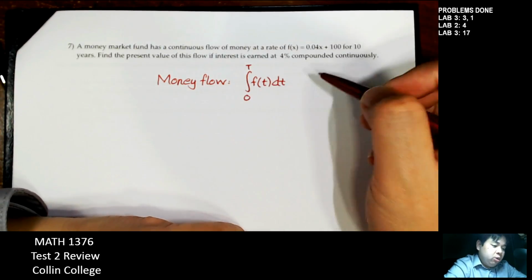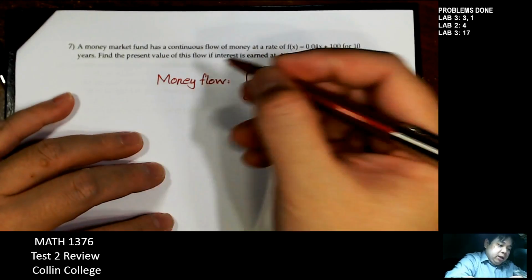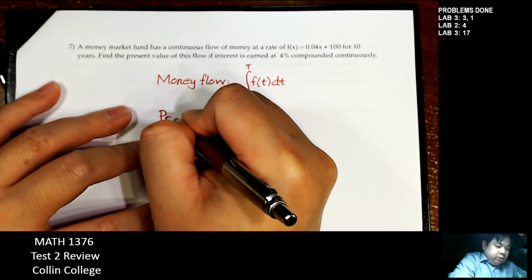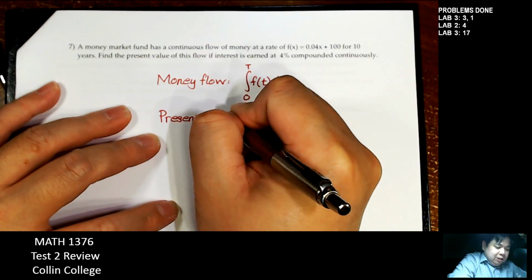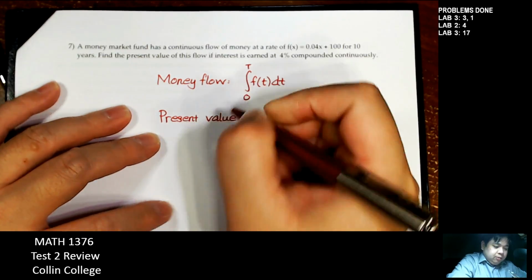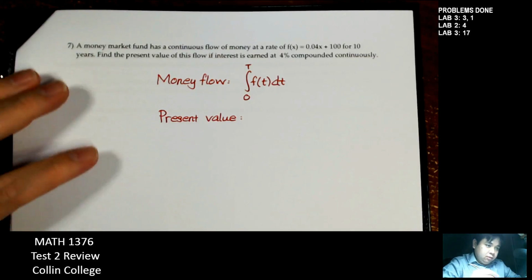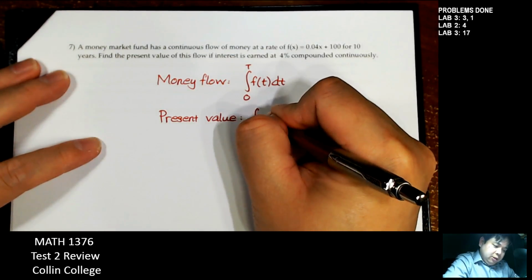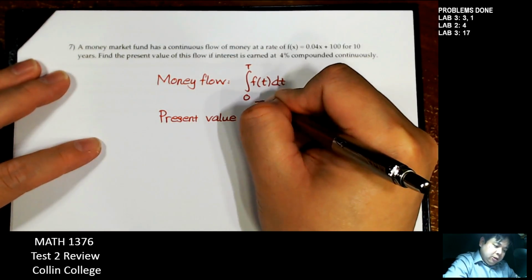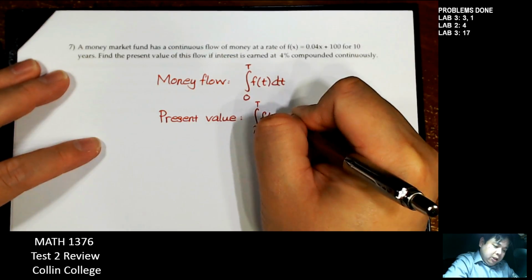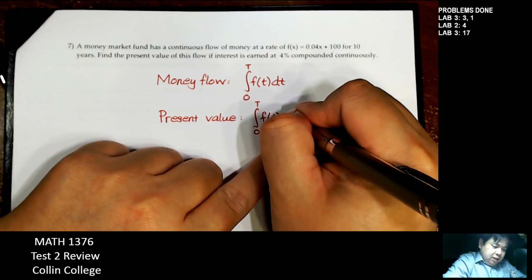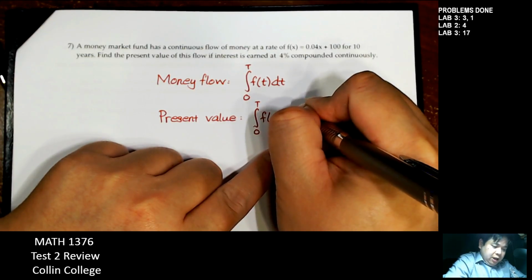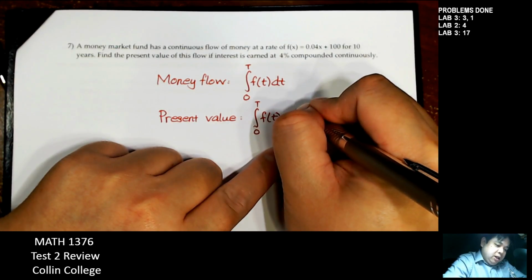So if we just want the money flow, it will be just that. If we want the present value, it will be like that, but we'll stick the e to the negative rt.